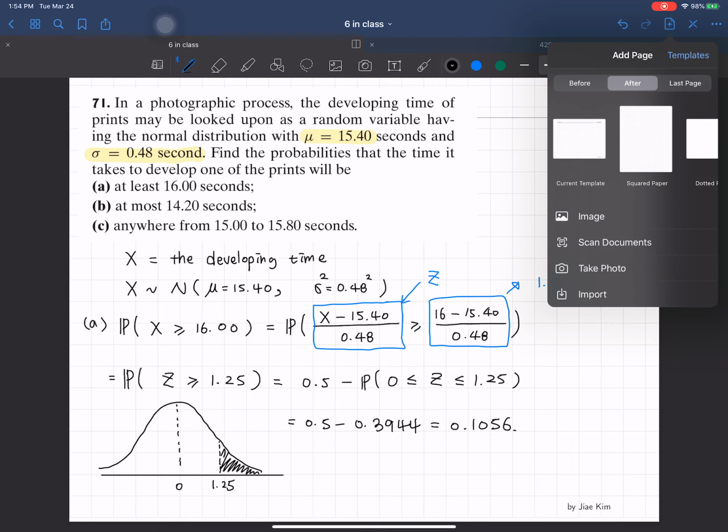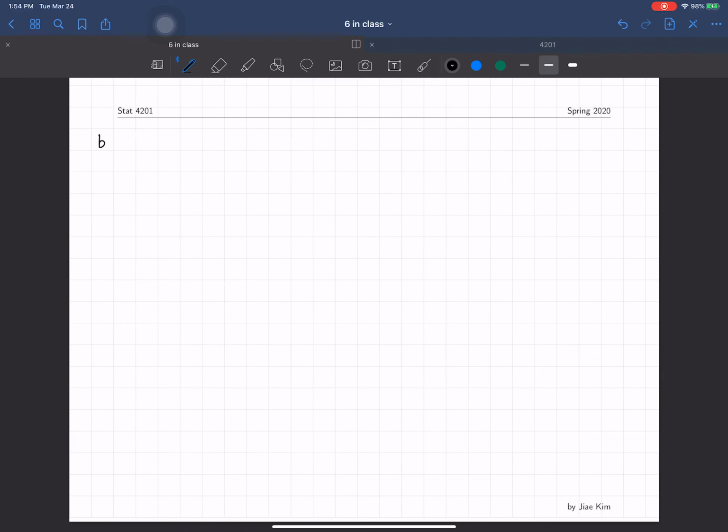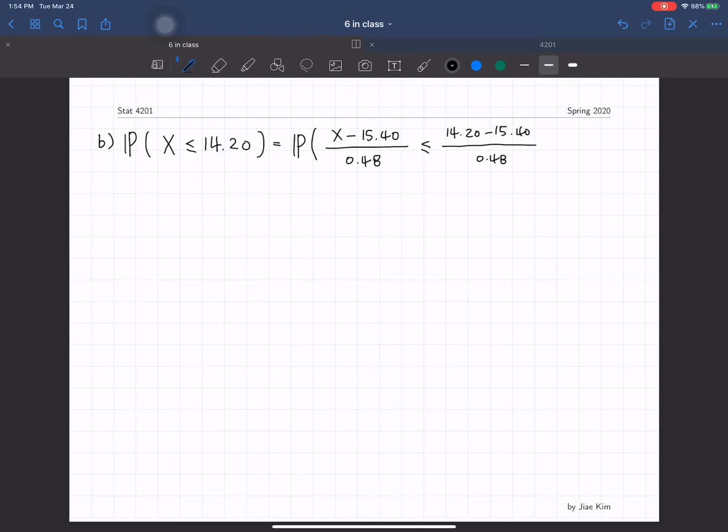Next up is the probability of X being at most 14.2 seconds. Let me state that here: the probability of developing time X being at most 14.20 is the probability of X minus 15.4, because it is the mean of X, divided by 0.48, which is the standard deviation of X, with the same shifting and scaling.